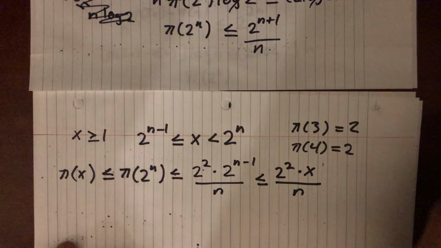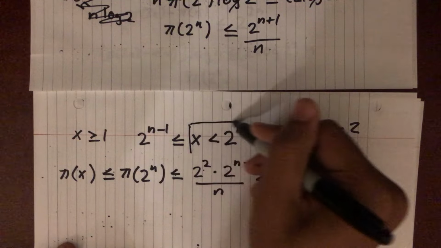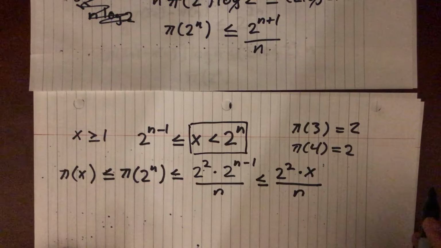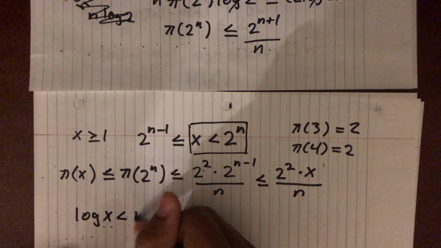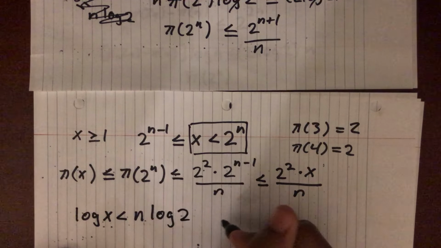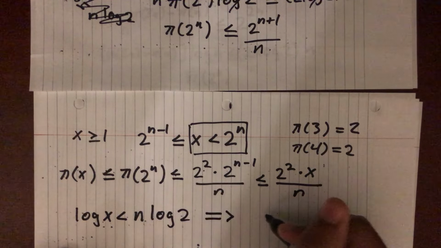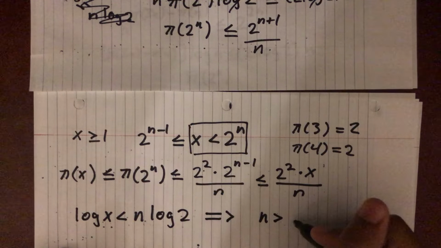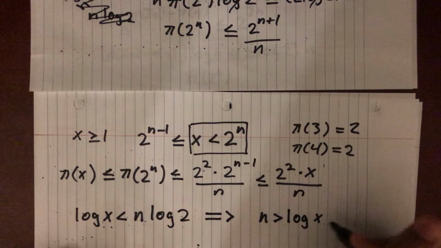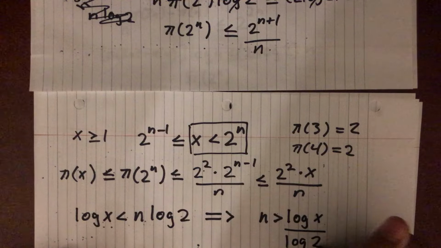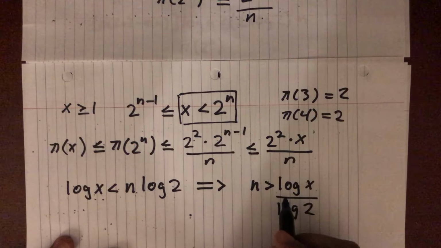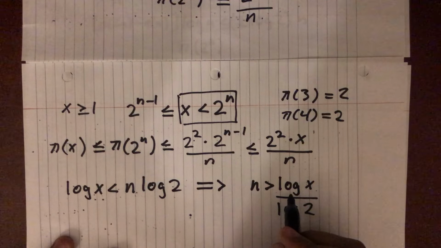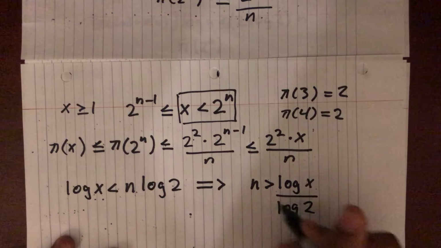Now what do we do about the n? Well, if we use this half of the inequality, we have that log x is less than n log 2. And that tells us that n is greater than log x over log 2. So n is bigger than that, so basically this is smaller than n.